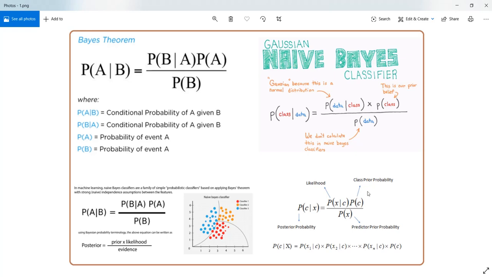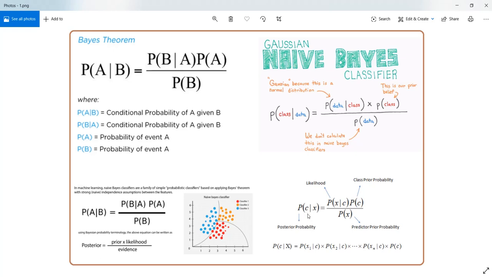So 6 by 30 is the prior probability of our class, our target feature. If there is a purchase, its frequency is 24, so 24 by 30 is the prior probability of that class. And what is this posterior probability? This is for the future, the testing data, based on some conditional probability.